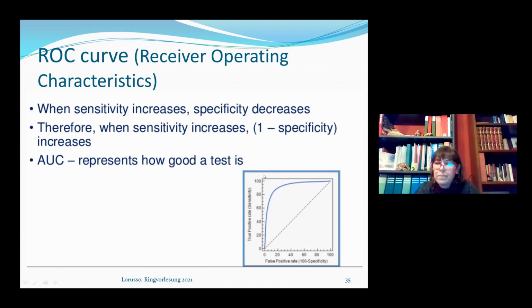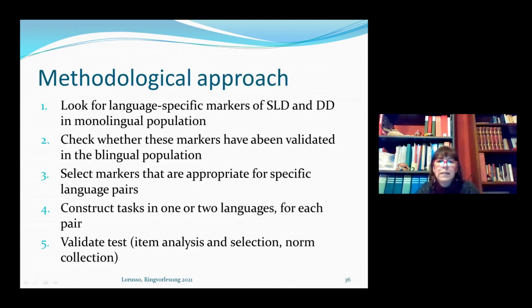So to this corner, okay? So this curve would be characteristic of a very good test, where both sensitivity and specificity are as high as possible.